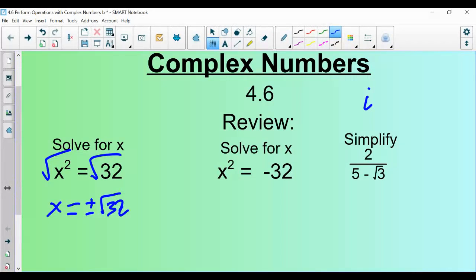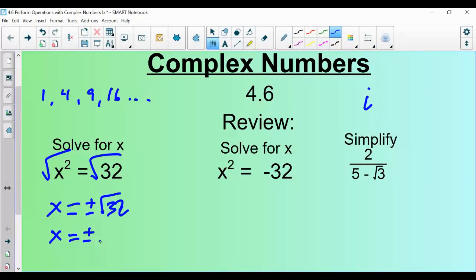Now, this is not simplified. There were 3 steps to make sure a root is simplified, and one of the things I told you is the number cannot have any perfect square factors. The number under the root cannot have any perfect square factors. And 32 does have a perfect square factor. It's got a couple of them, actually. The biggest one, remember, the perfect squares are things like 1, 4, 9, 16, etc. 16 is a perfect square factor of 32.